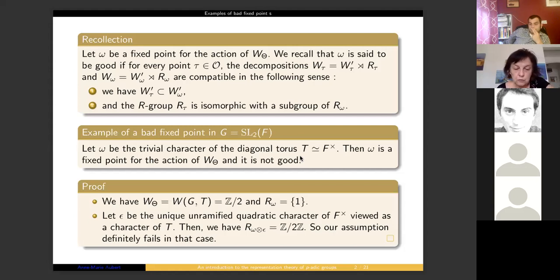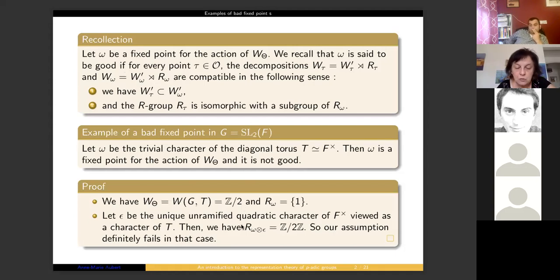If you look at the group W theta, in this case it is a Weyl group, so we just have the Weyl part of it. So R omega is trivial. So W omega is W theta, because it is W omega and it is W prime omega, and here it is Z mod 2.